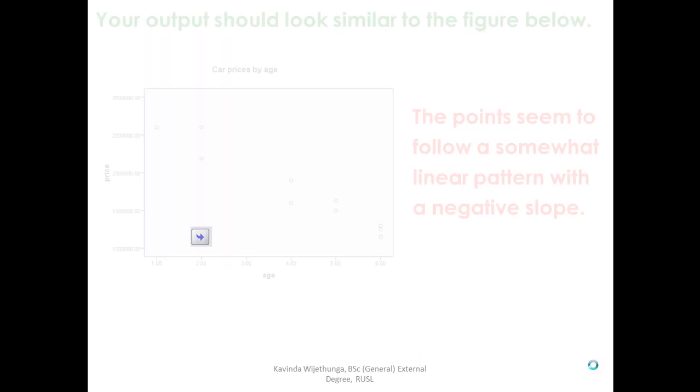So next we can find the correlation. Sometimes we can't see the relationship in a graph, so it is easier to deal with numerical values. That's why we are going to see the correlation between the price and the age.